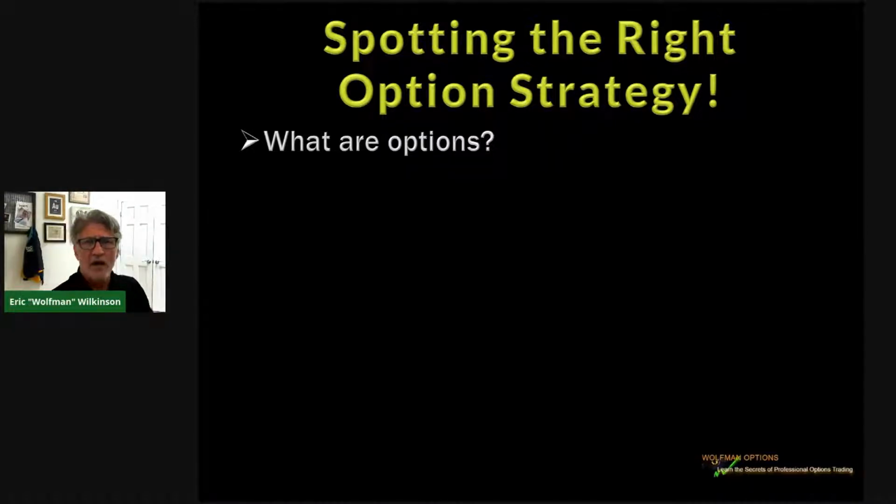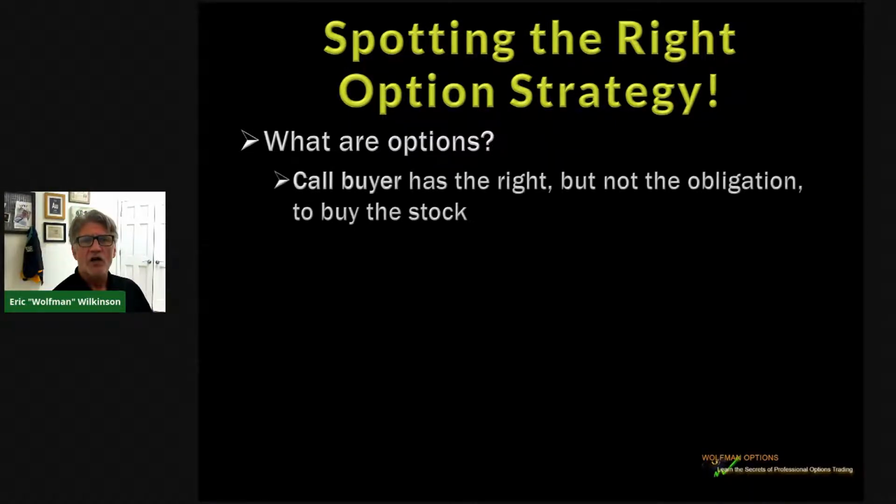Okay. What are the options though? A call gives the buyer the right but not the obligation to buy the stock. So if we were looking at something like XYZ stock trading at $100, so I have XYZ, it's trading at $100.